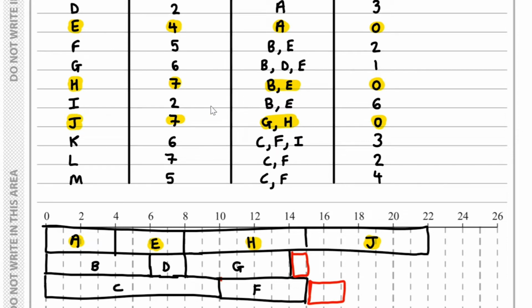Now we know I depends on B and D only, and it's got a duration of 2. So we could put I over here, and it's got a duration of 2. K depends on I completing.